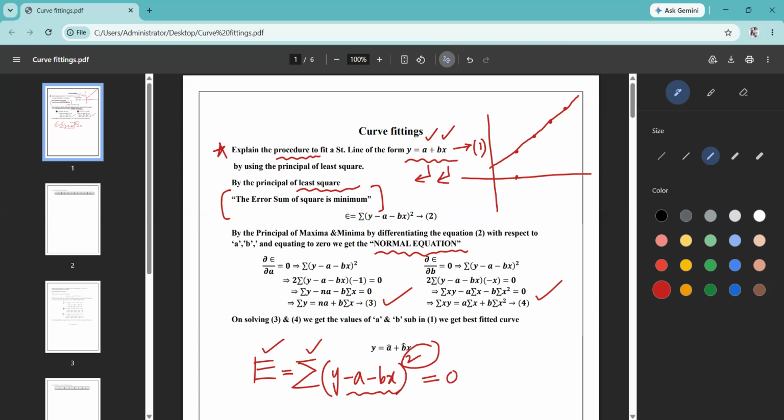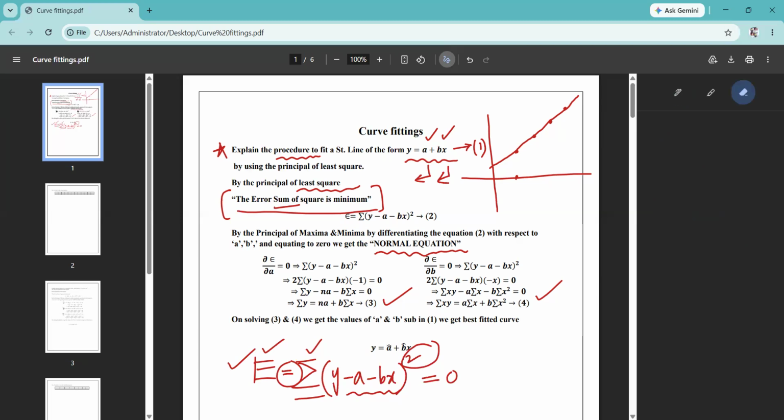This English language we have to just write down in maths language. The error is denoted with E. Sum is denoted with the sigma. Square means this is the square. E means equal to. Minimum means equal to 0. In this way, we have to find out the normal equations.